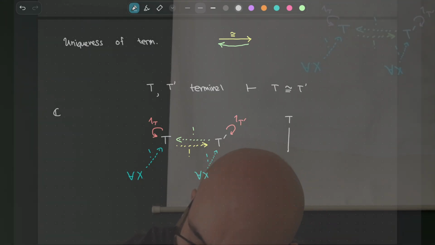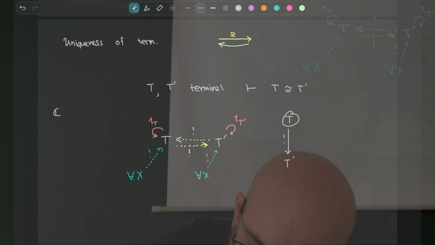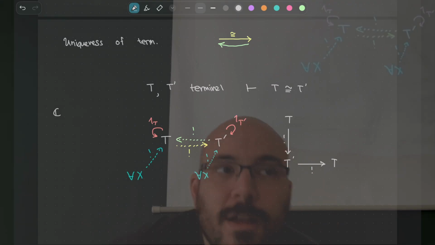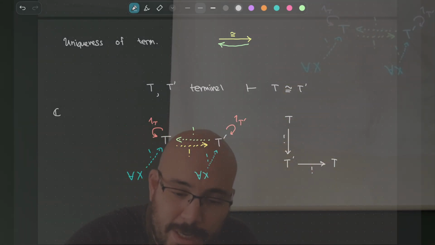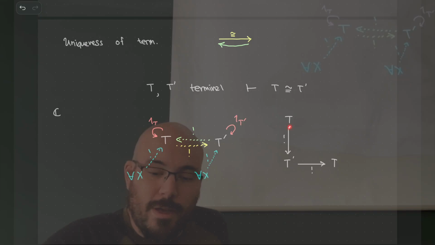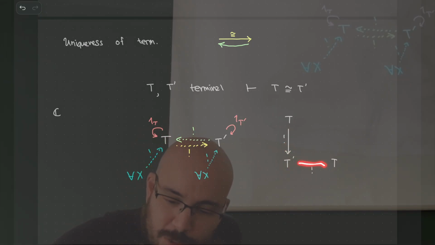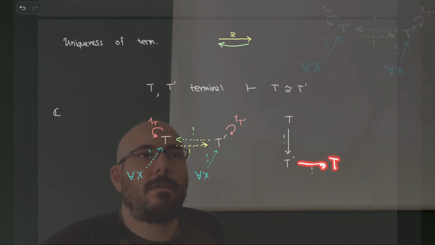So I do have a unique arrow that goes from T to T prime, and I will duplicate this T in a different place. And I do have a unique arrow that goes from here to there. Lazarus has justified both of these arrows. This one, because this is terminal, and this one, because this is terminal.